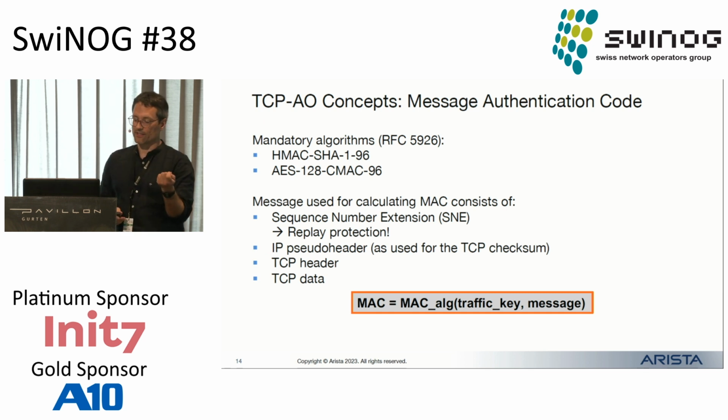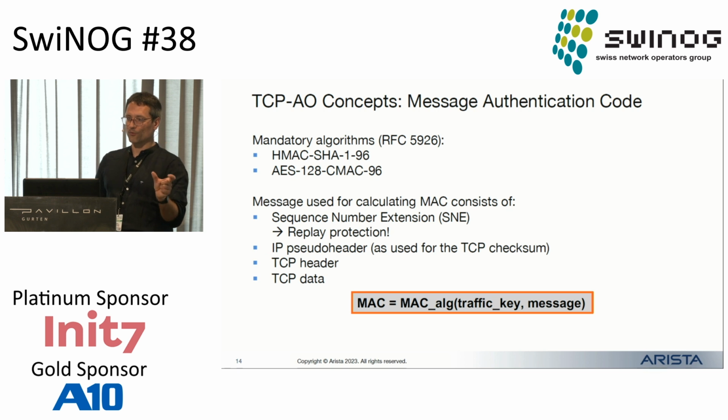A very interesting concept here: we add an SNE, or a sequence number extension. This brings us replay protection. What is the issue? A sequence number in TCP is just 32 bits long, and for a long-standing session, that's actually what we want to protect. You can have a rollover. That means in a long-standing session, the same sequence number will appear again.